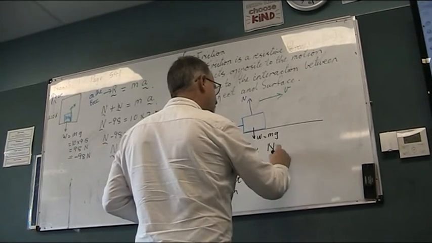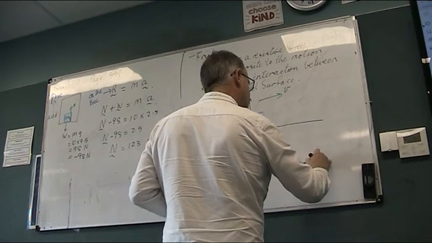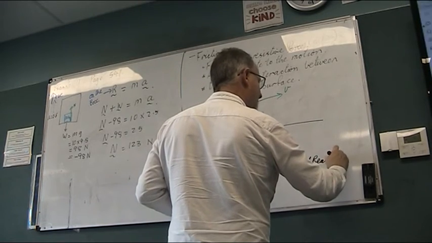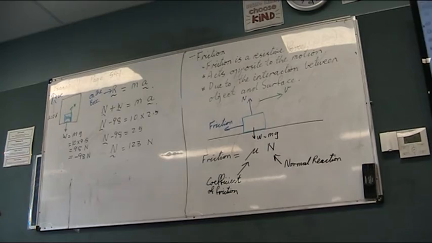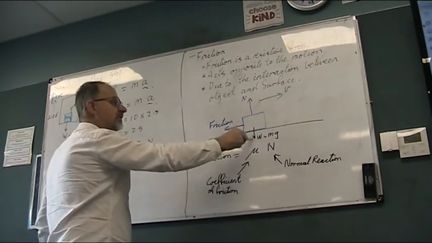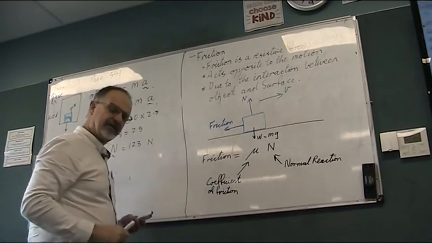And then this N is, of course, the normal reaction. So how hard the thing's pushing on the surface. Alright, so the coefficient of friction depends on what the surfaces are, the normal reaction depends on the mass of that thing.